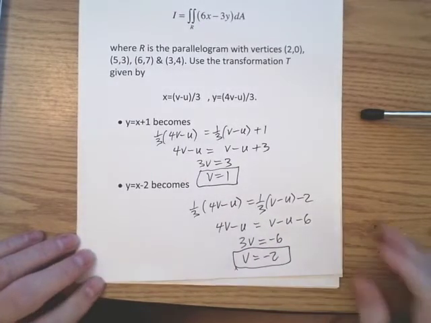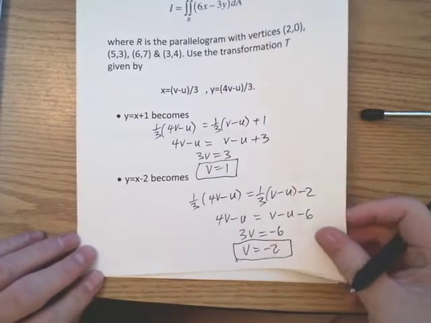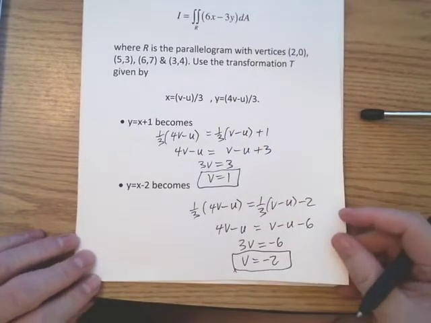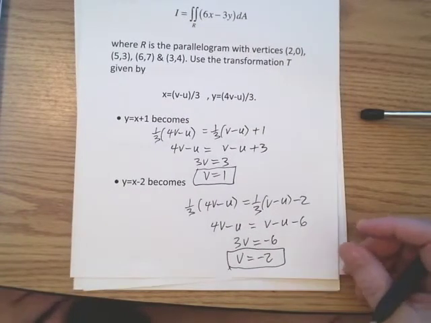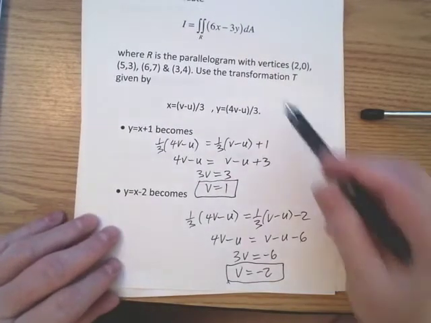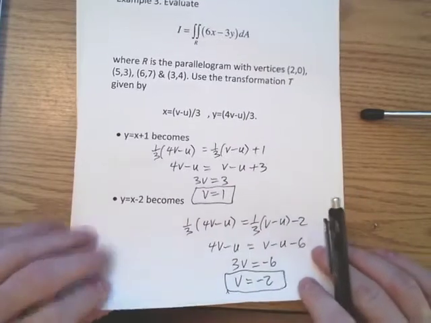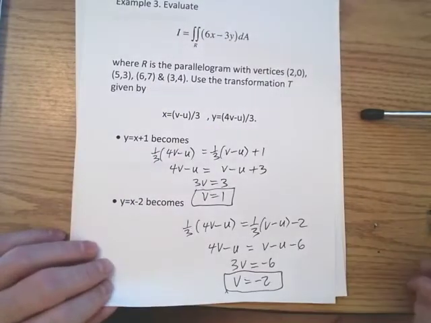So there we've got a couple of horizontal lines for the boundaries of the region we're going to call R star in the uv plane, which is the pre-image under the transformation T, yielding the parallelogram R.